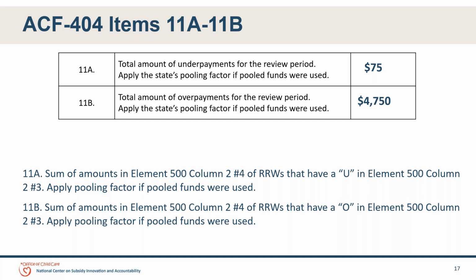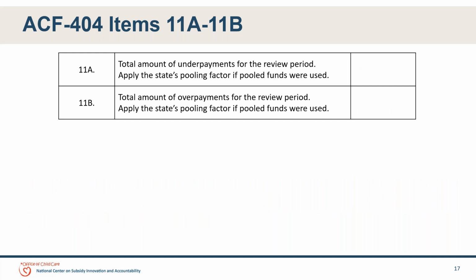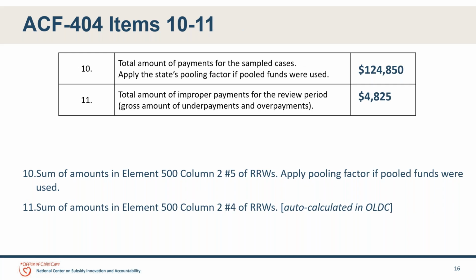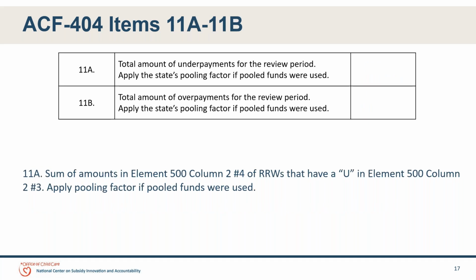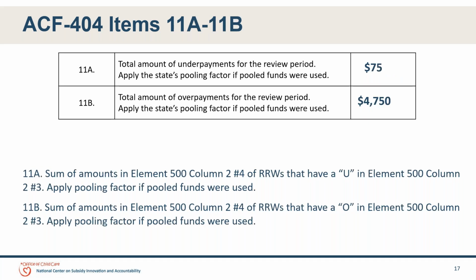The example state had $47.50 in overpayments, and then these two will get added together to get a total of, I'm going backwards, $48.25 in improper payments. All right, so this is 11A and 11B again.